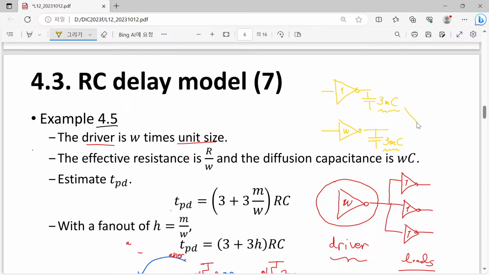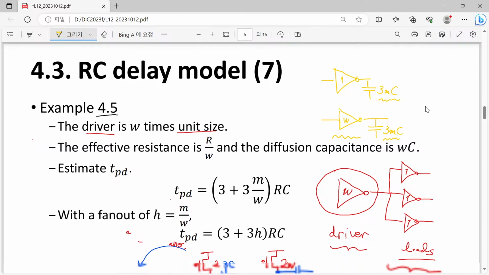What is your expectation of propagation delay originated from this 3MC? Even though the load is the same, the driver in this lower case is more powerful, so it can easily charge and discharge this same capacitor. So what we can expect is that tau for the lower one will be shorter than the upper one.